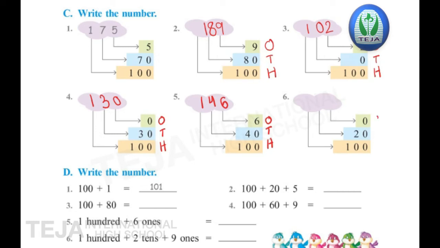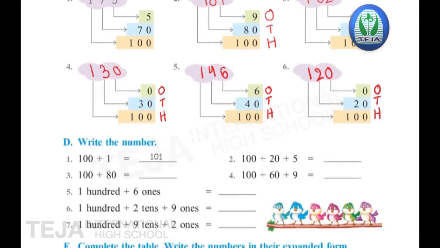Here 0 in ones place, 20 in tens place and 100 in hundreds place. Now write the number children. 0 in ones place, 2 in tens place and 1 in hundreds place. So the number is 120.